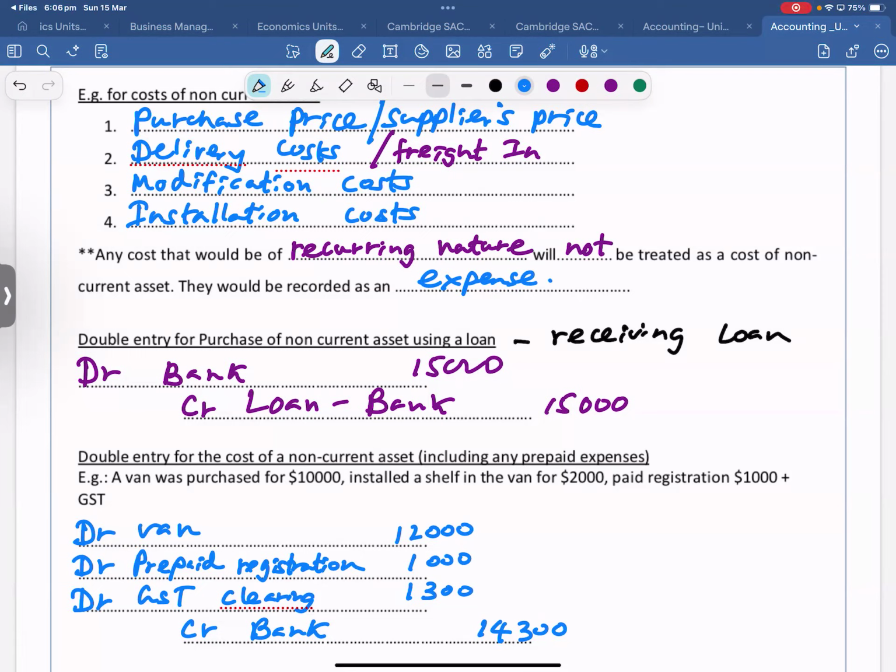And what if you buy the phone? The lifetime of it is like 4 years, but halfway through you add more installations or modifications that increase the value of the phone. Yeah, you're going to add to the cost. Debit the bank, credit the bank.